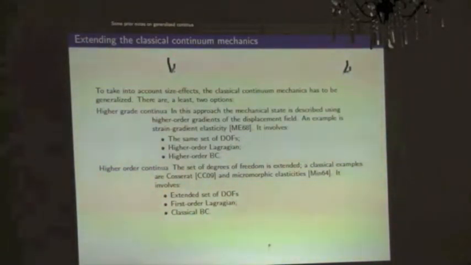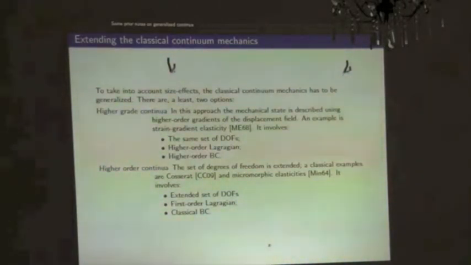Furthermore, as you extend the order of the associated partial differential equation, you should enhance your description with higher order boundary conditions. I think this is clear from the lecture we had this morning. What is the physical meaning of these higher order boundary conditions? It's a question that is still open and not clear in all situations. So that is the first option.